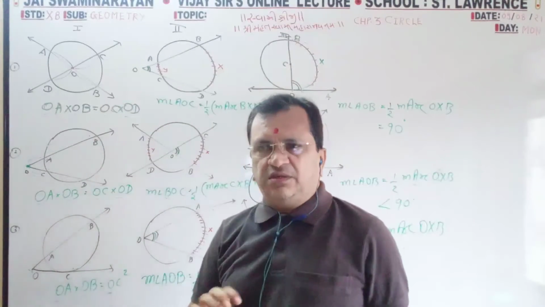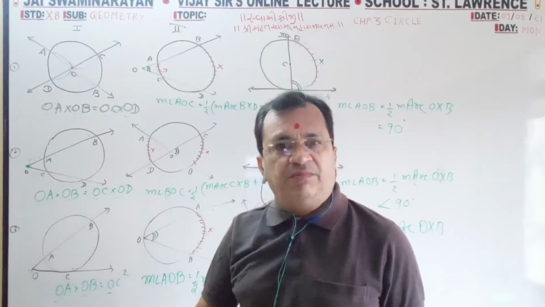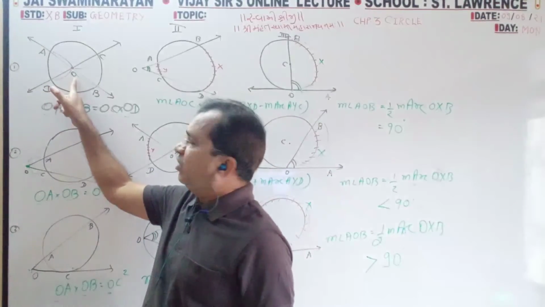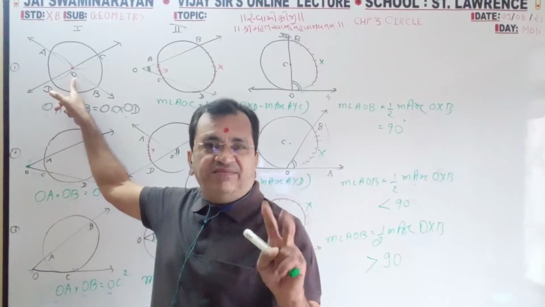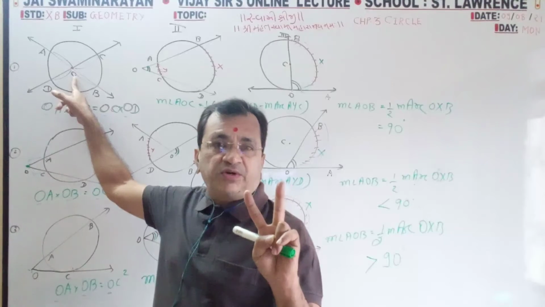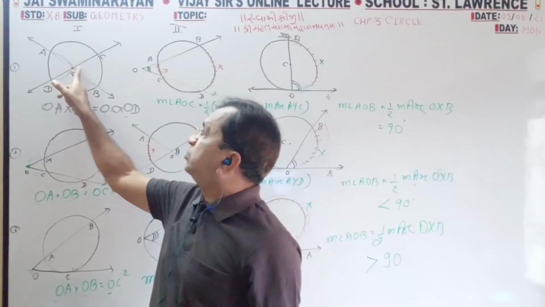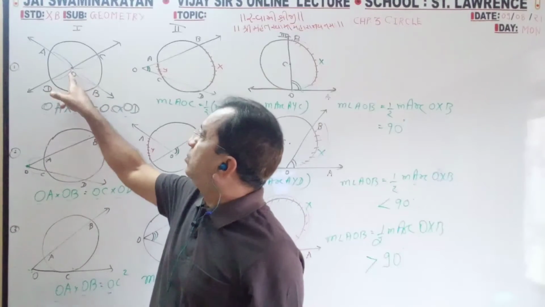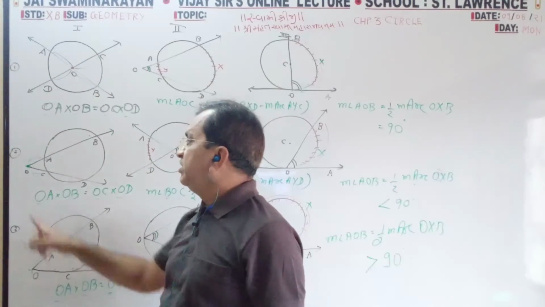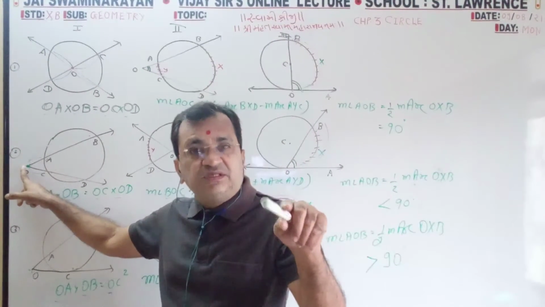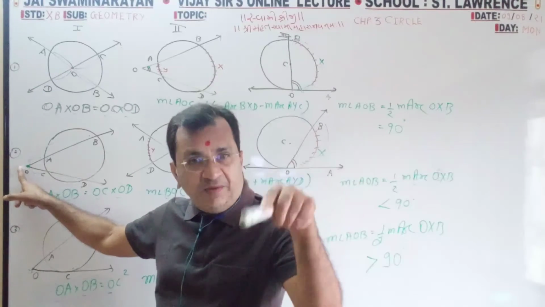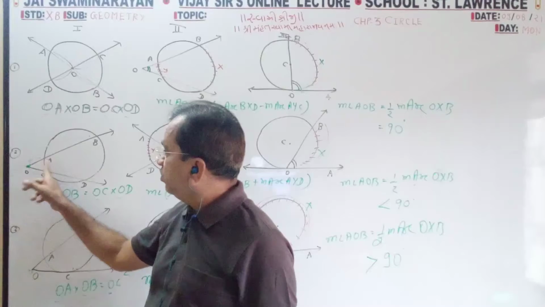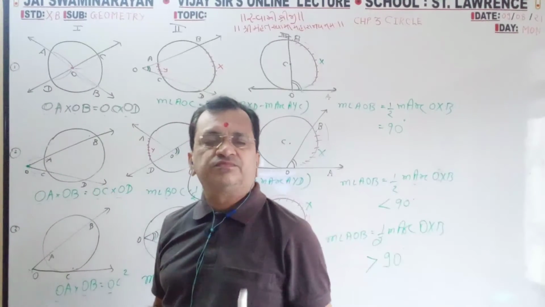In the first set, what you have to remember: write all the segments from the intersection. I will write 2 in the form of a product, on the same line. So OA, OB. Again 2, same line: OC, OD. Again from the intersection. OA, OB. People will write OA, AB. Wrong.